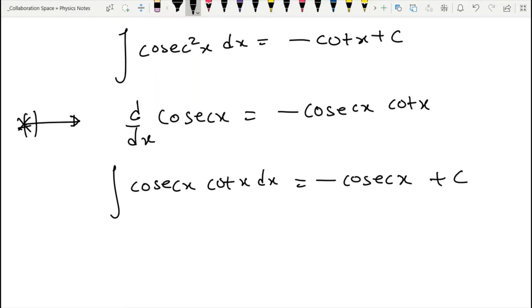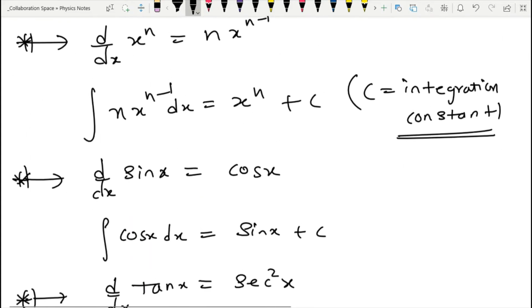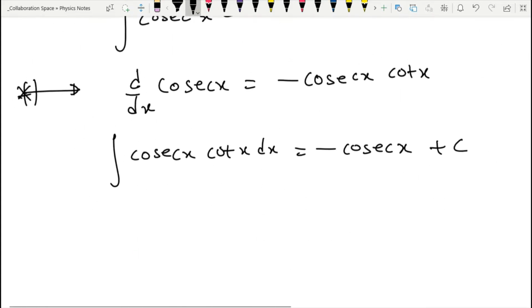If there are no boundary conditions given in the problem, you have to search for them according to the given system, and find out the integration constant value. And if you have integration with limits, no problem. No need to find the integration constant. Automatically, you will get a numerical value only. That is a definite integration. It is a different process. Is it clear, students? Up to here, any doubt?